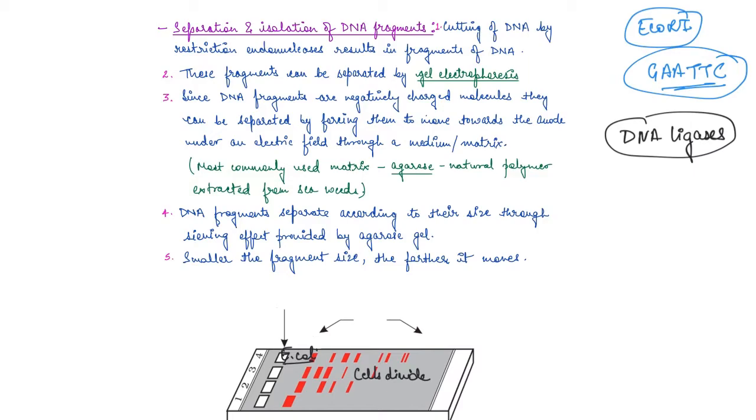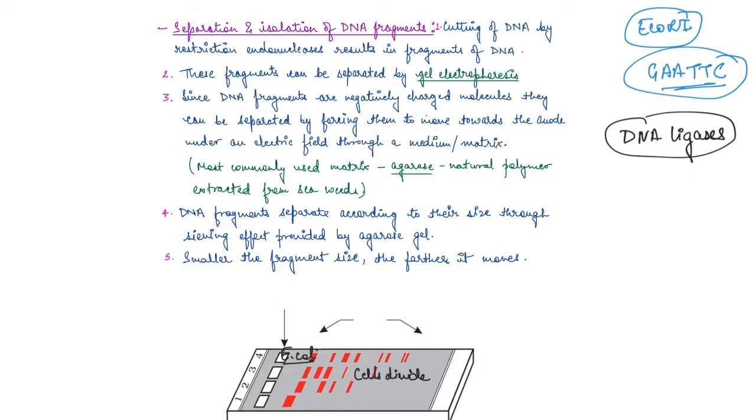So what is happening basically is that we cut the DNA by restriction endonucleases, right? That results in fragments of DNA. Now we take these fragments and separate them by gel electrophoresis, right?